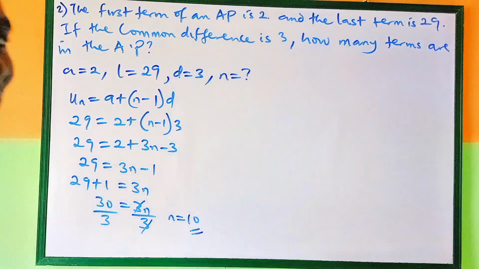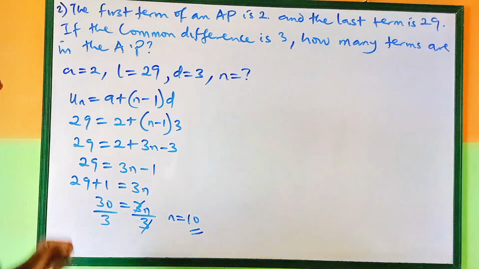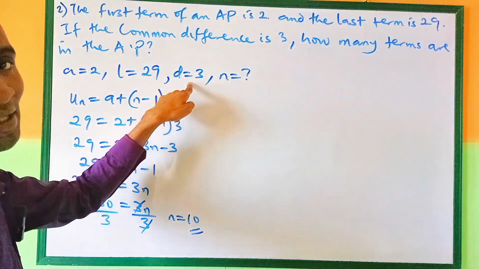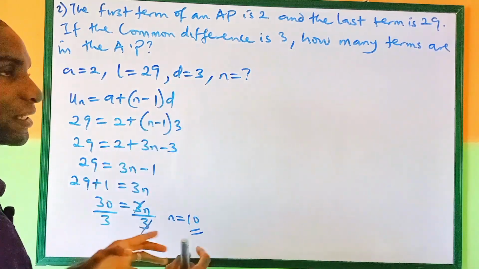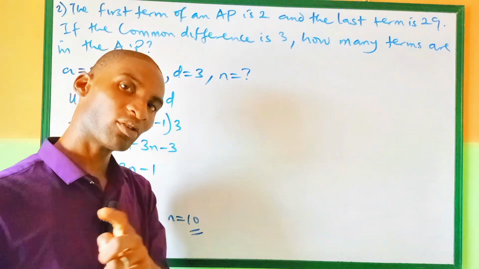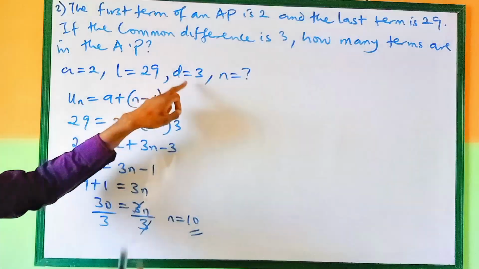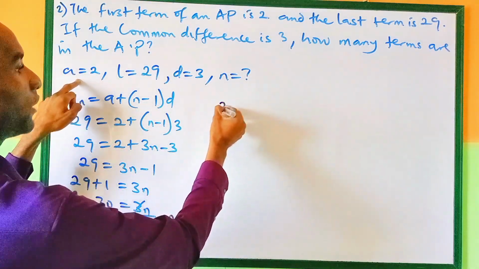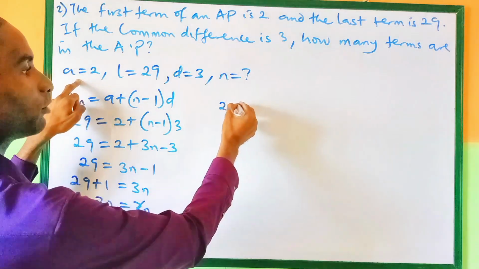Now if you want to check if this answer is correct, let us do a brief check. The first term here is 2 and the common difference is 3. You remember your common difference is the second term minus the first term. So that means you are adding 3 to each term. Let's check it. The first term is 2. If you add 3 to it, that will be 5.